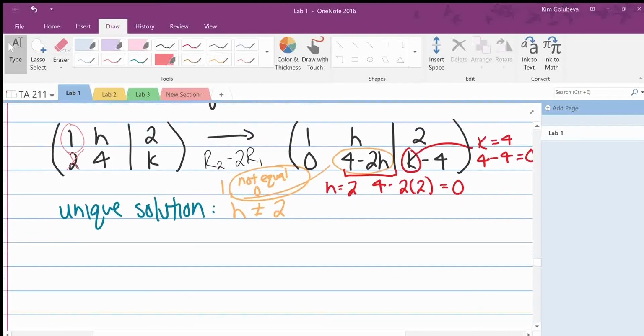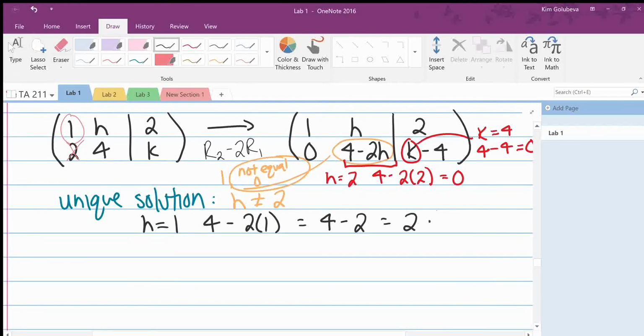So let's try that out just to make sure that we're right. Let's say h equals 1. So 4 minus 2 times 1 equals 4 minus 2 equals 2, and we can multiply that by 1 over 2 to get 1. Let's try h equals 0.